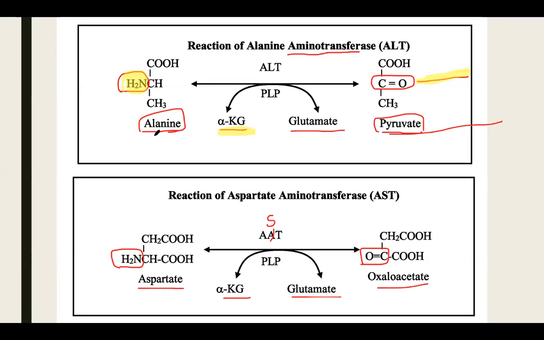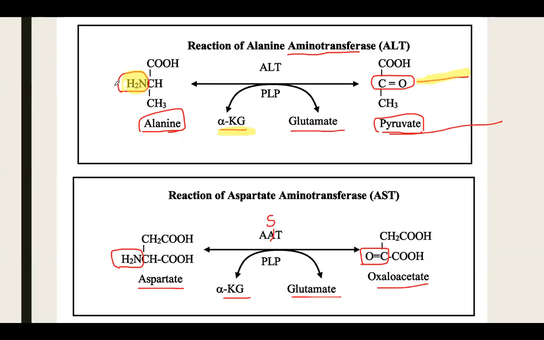So alanine will be converted into pyruvic, which is a keto acid. The amino group will be converted into C double bond O. Alanine contains an amino group; we remove it and replace it by C double bond O.